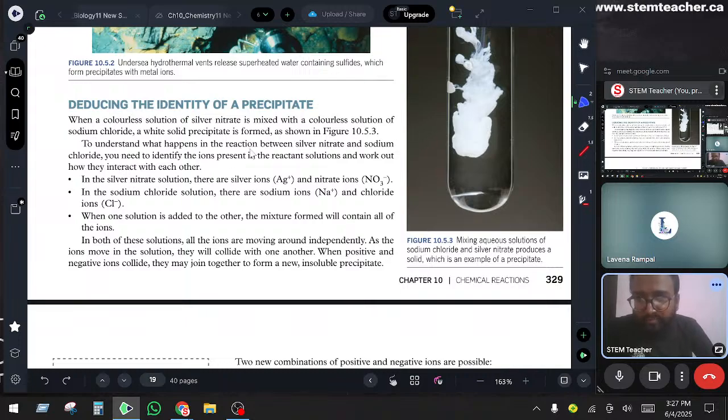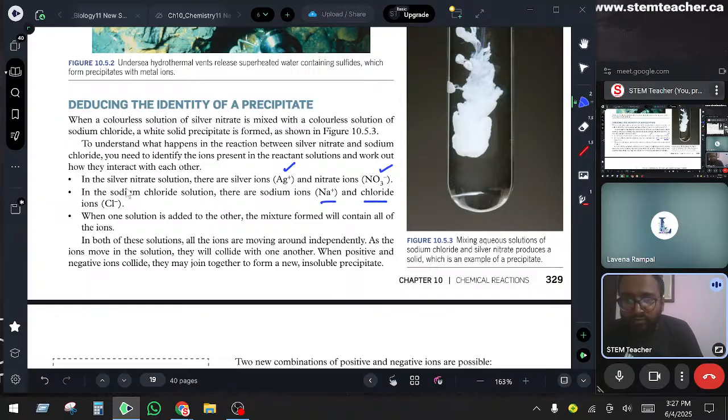To understand what happens in this reaction between silver nitrate and sodium chloride, you need to identify the ions present in the reactant solution and work out how they interact with each other. Silver nitrate is Ag+ and NO3-. One more solution is sodium chloride, Na+ and Cl-.